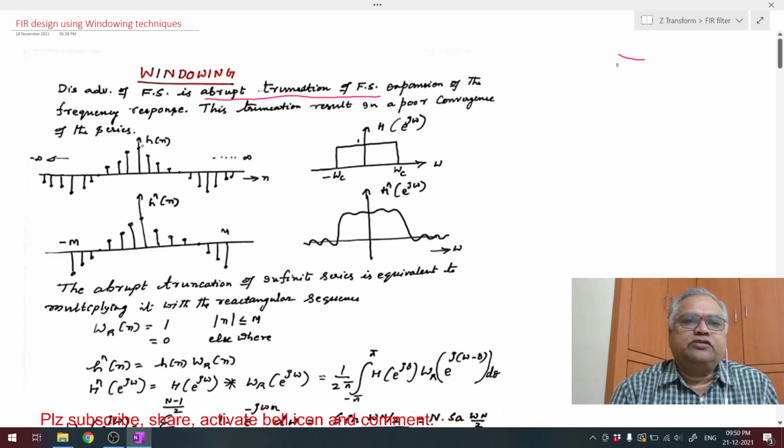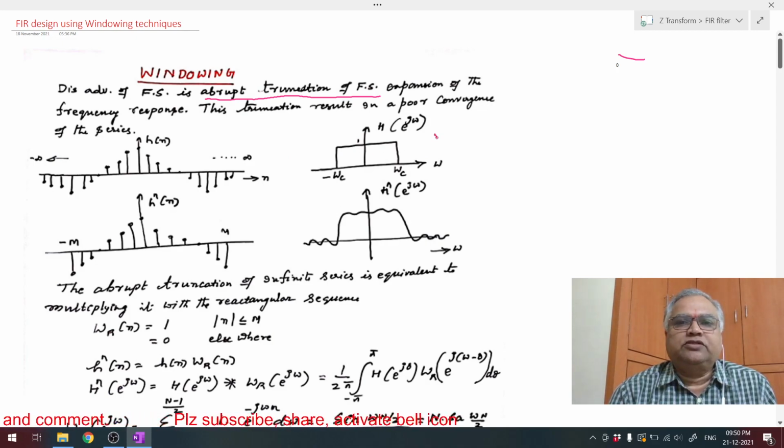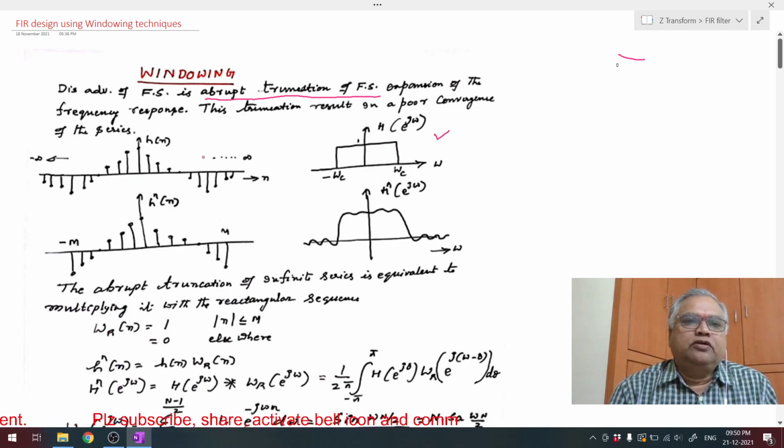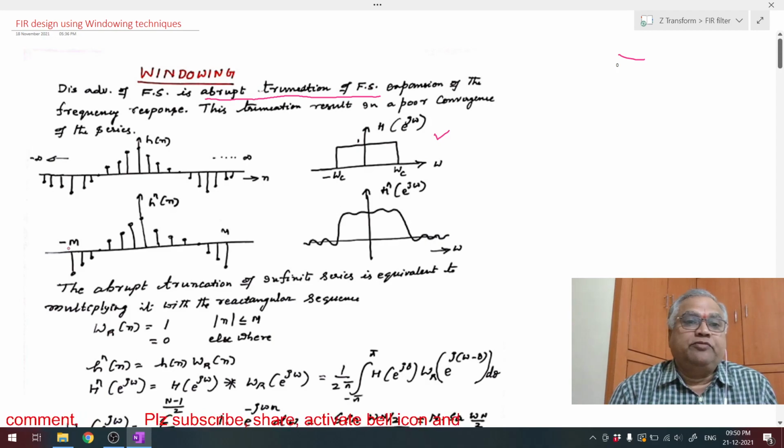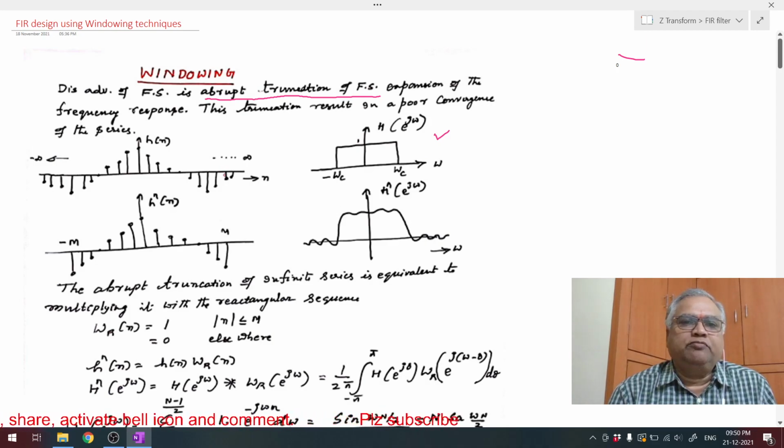So look at this case. Originally h of n is taken from minus infinity to plus infinity. Its frequency response is as shown. Now in windowing, we consider values from minus m to plus m, abruptly truncating at plus m and minus m.